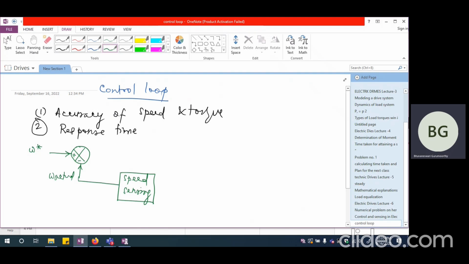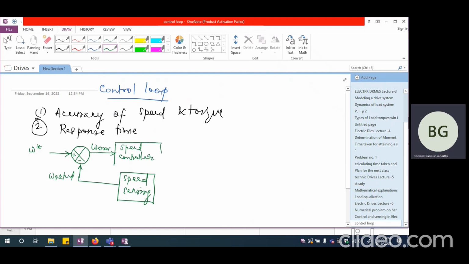So this is the speed sensing mechanism. The actual speed is compared with the reference speed. Now what we get is the speed error. The difference in speed between the reference value and the actual value is the speed error. Now, this speed error has to be nullified eventually. So, there will be a speed controller which will be sitting in between.